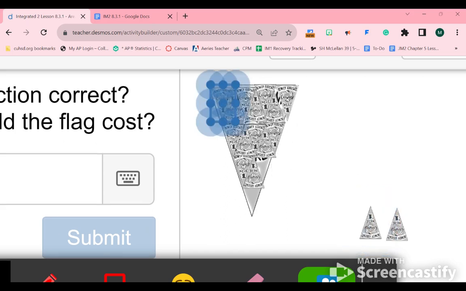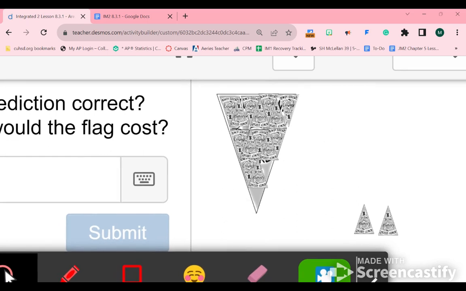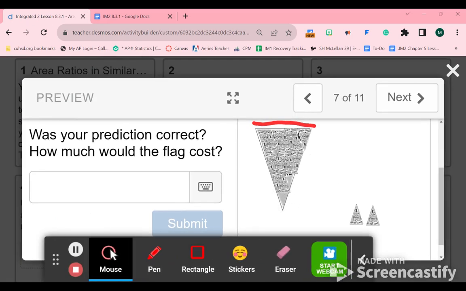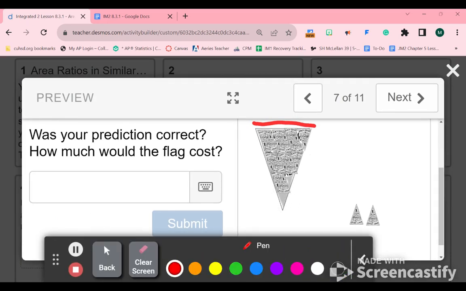Okay, anyway. We can count how many flags we need with this. 1, 2, 3, 4, 5, 6, 7, 8, 9, 10, 11, 12, 13, 14, 15, 16. So when I took this flag and I enlarged its length by 4, so here length is times 4, the area did not increase by 4.